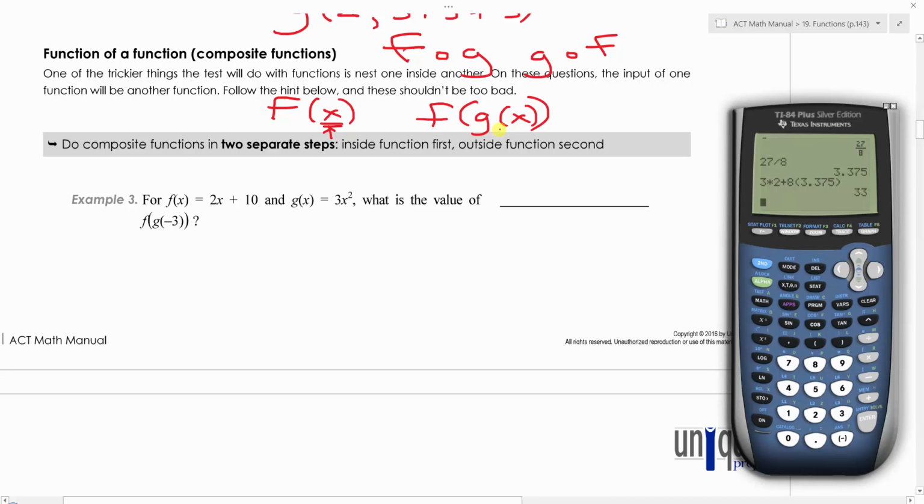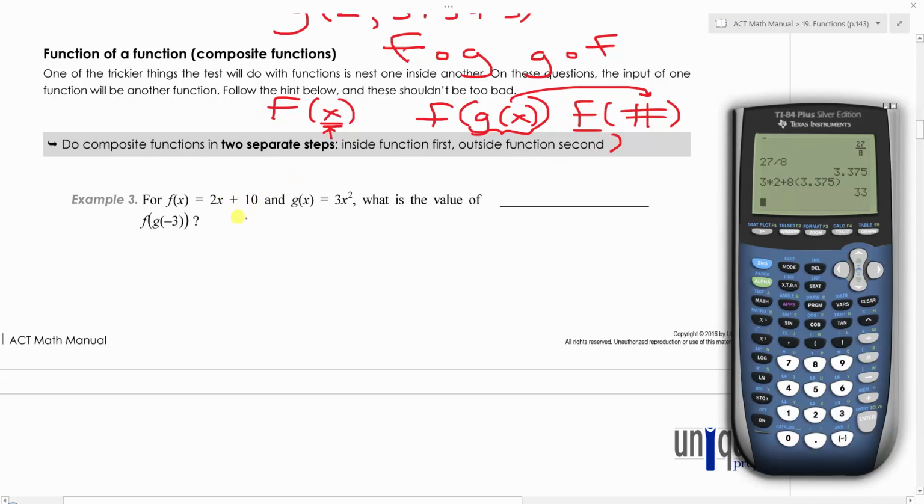Usually all you need to do on these questions, and this is written in this box right here, is do these one step at a time, where you determine what the value of g of x is first, and then you plug that value, whatever you found for g of x, which frequently will be a number, sometimes it will be algebraic or variable in nature, into the f function to get your answer.